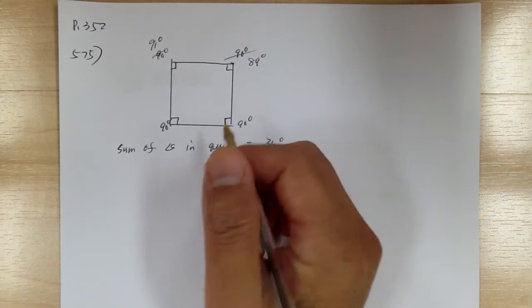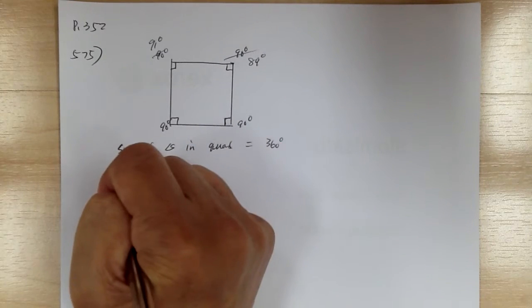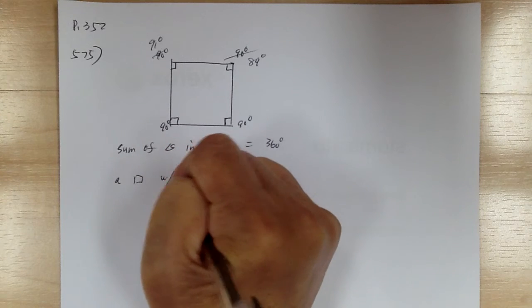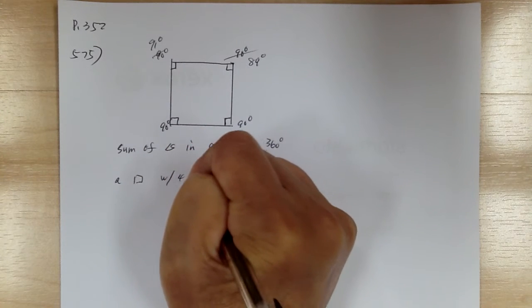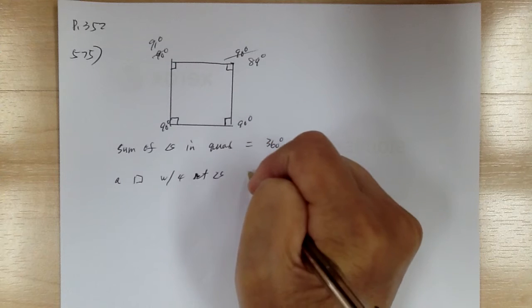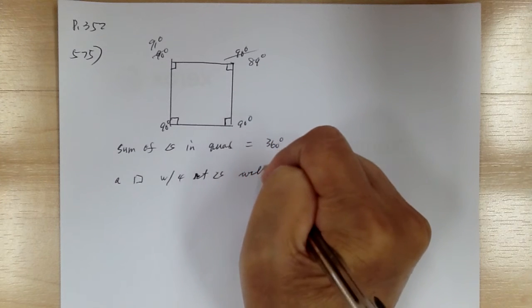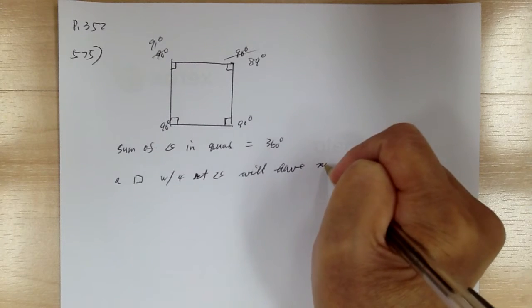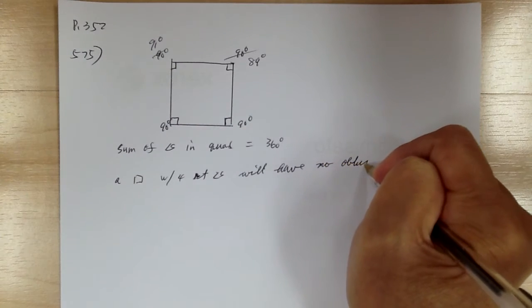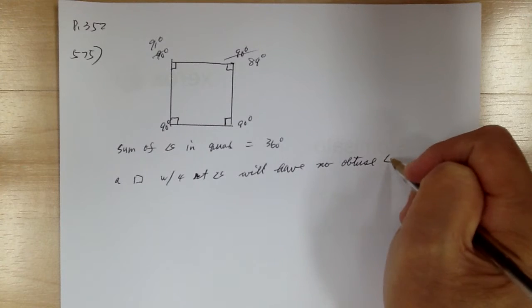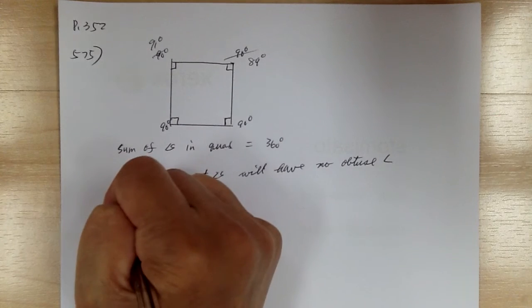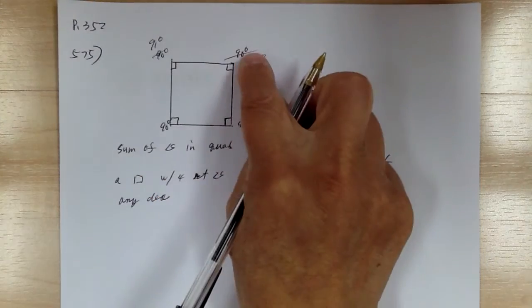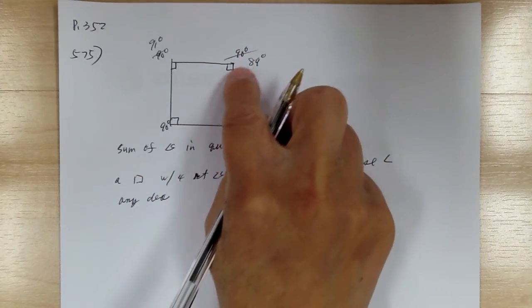So again, if you want to write it out, a square with 4 right angles will have no obtuse angles. But since you're not allowed to have a right angle, you have to decrease it, right?